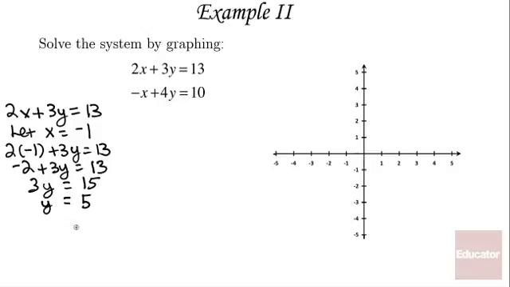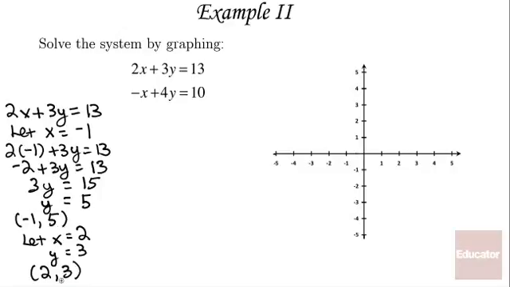I have x equals -1 and y equals 5. For my second point, I'm going to let x equal 2. If I substitute 2 in up here and work out the math, I'll find that y equals 3. So my second point is x equals 2 and y equals 3.